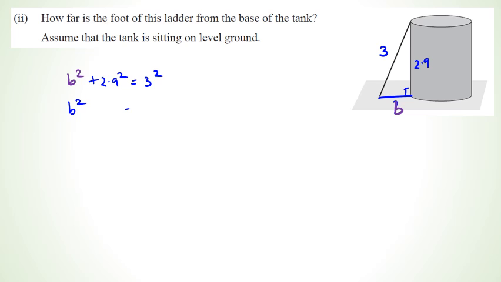So then b squared is equal to 3 squared minus 2.9 squared. So b equals the square root of 3 squared minus 2.9 squared. Therefore, b is equal to 0.77 meters.